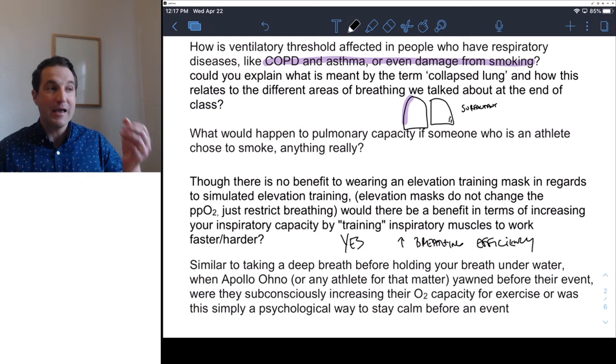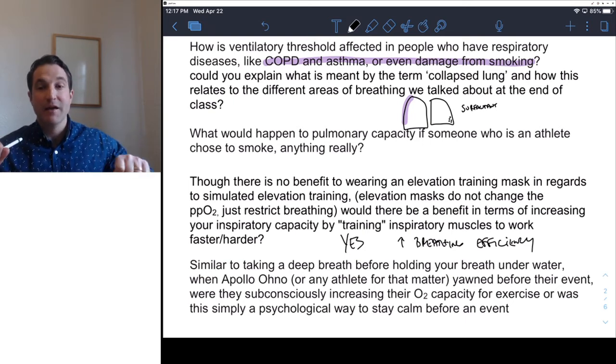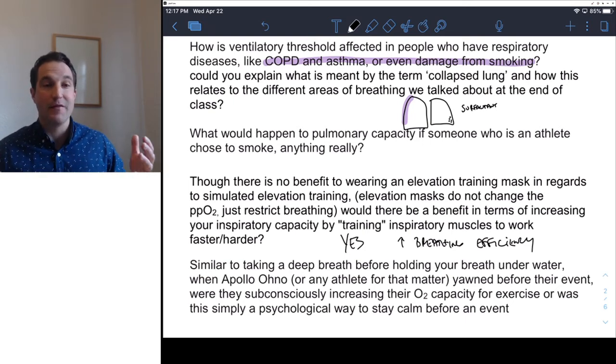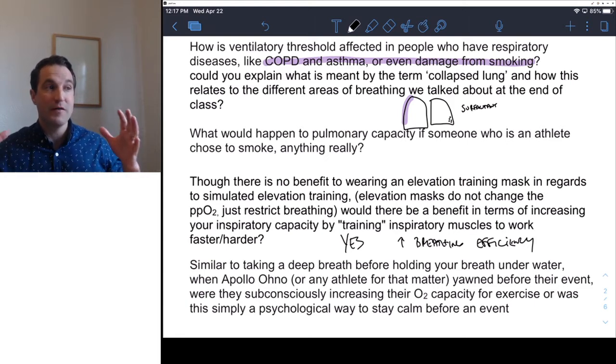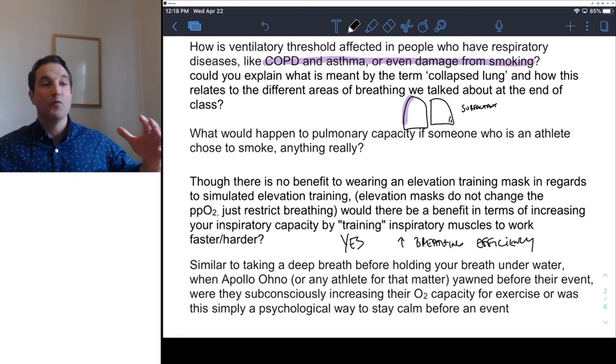Basically, it's like weightlifting for your respiratory muscles. Think about it. If I can bench press 100 pounds and somebody puts 90 pounds on that bar, that's a pretty hard effort. That's going to require a lot of my ATP because that's near my max. However, if my max bench press is 200 pounds and somebody puts 90 pounds on that bar, that's going to be super easy. The amount of ATP required for me to do that relative to my maximal amount goes down.